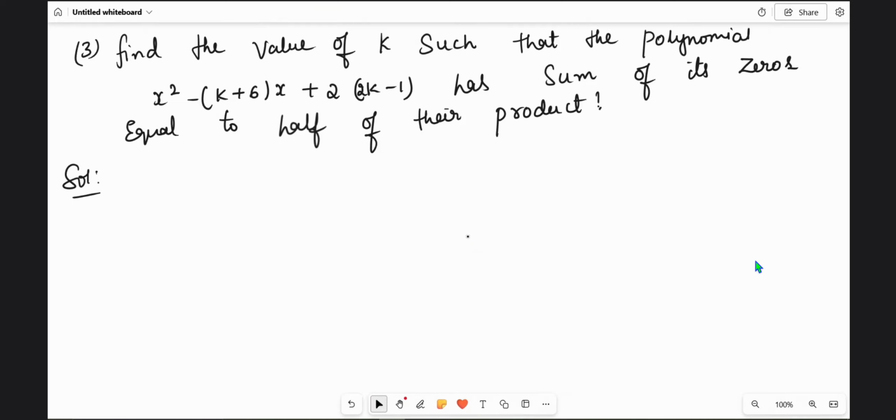Try this. So they have given the polynomial, you have to find k, and they've given the condition: sum of its zeros, which means alpha plus beta, correct? That is equal to half of their product, half of alpha into beta.